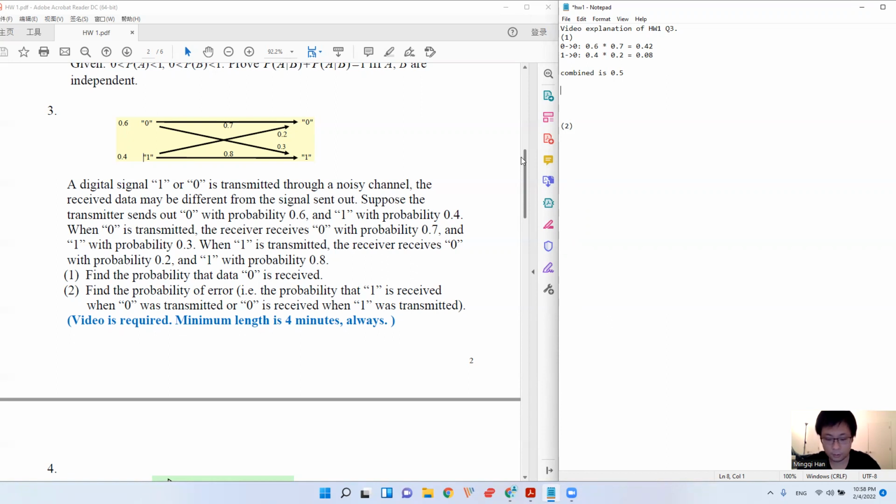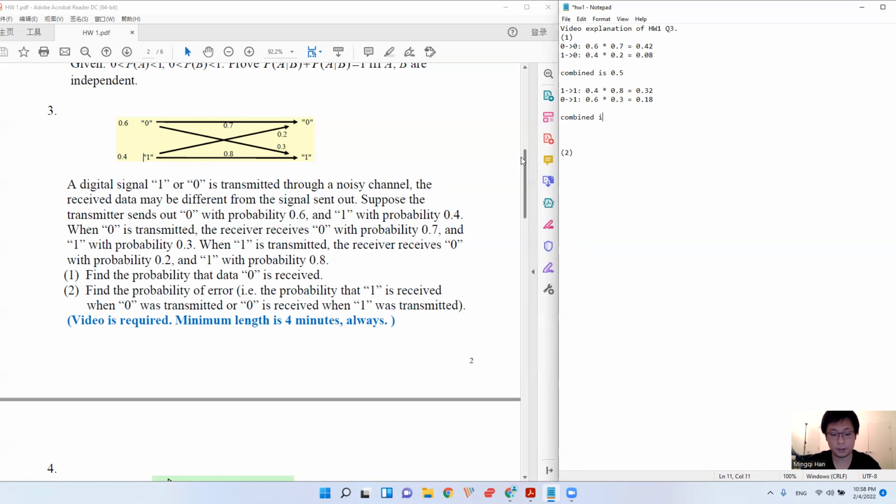But getting a 1, you can either get a 1 from 1 to a 1, which is 0.4 times 0.8, which is 0.32, or getting a 0 and mistakenly getting a 1 as the output, which is 0.6 times 0.3, which is 0.18.